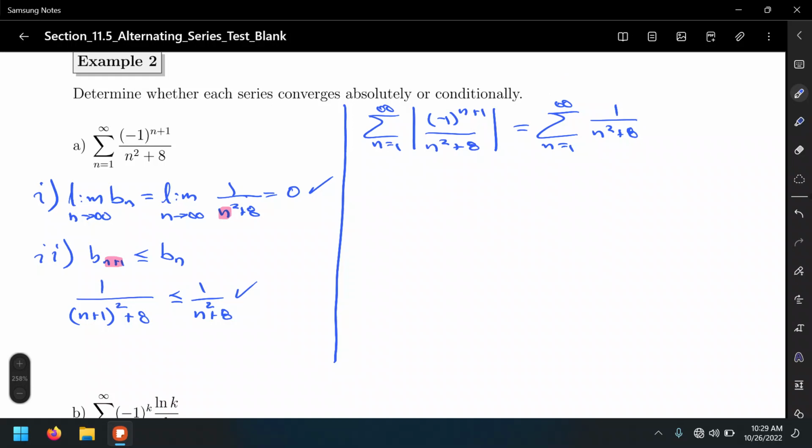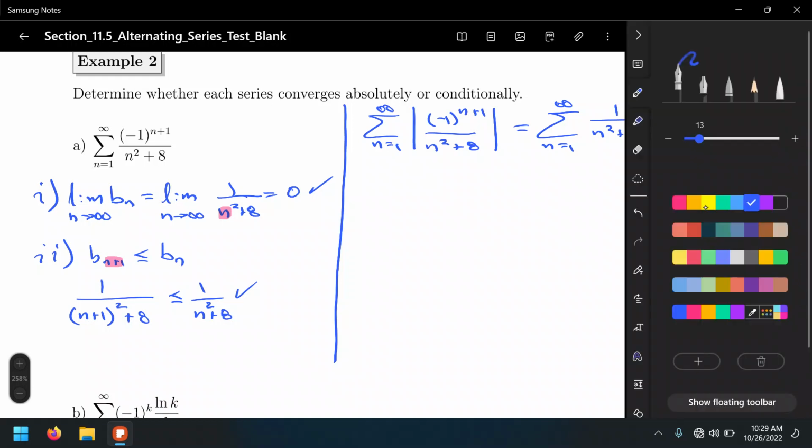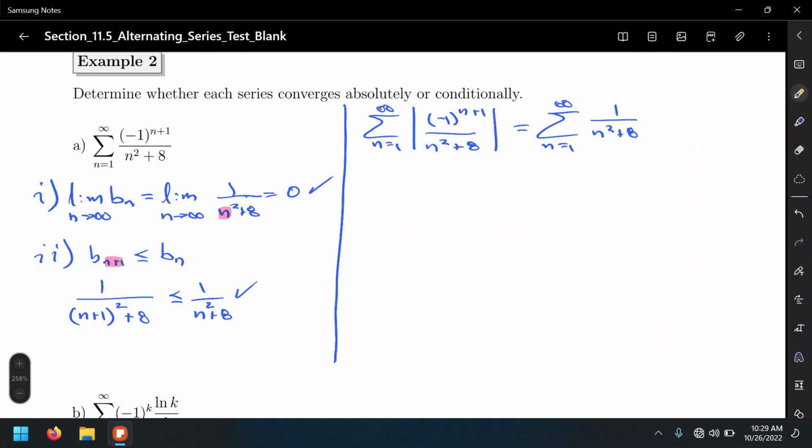In the meantime, let's focus on this series and use all the tools that we know so far about convergence and divergence of series. So number one, sigma n equals 1 to infinity of 1 over n squared plus 8. For this one, I think we can use the comparison test, because if we observe the series, we can neglect the 8 and compare with sigma n equals 1 to infinity of 1 over n squared.